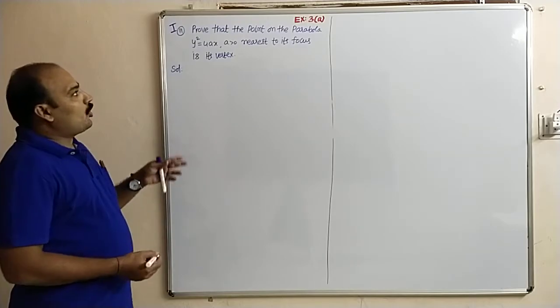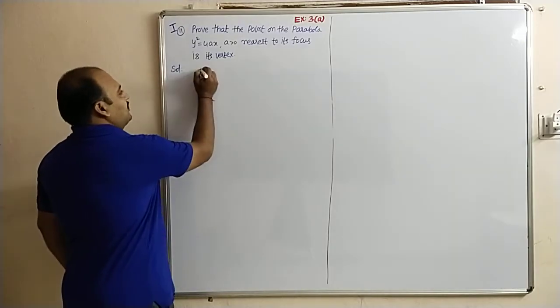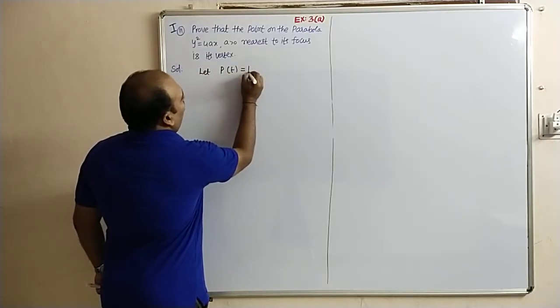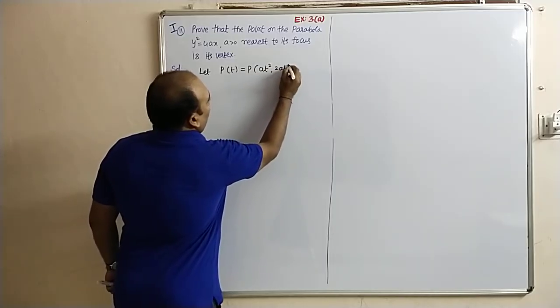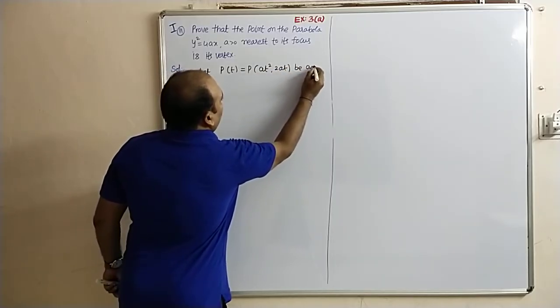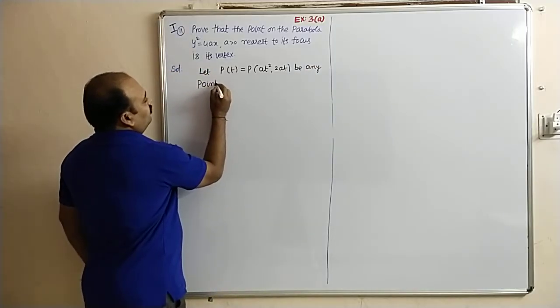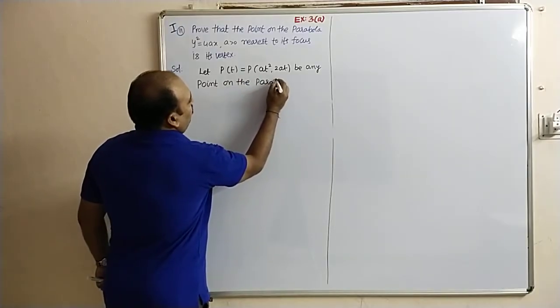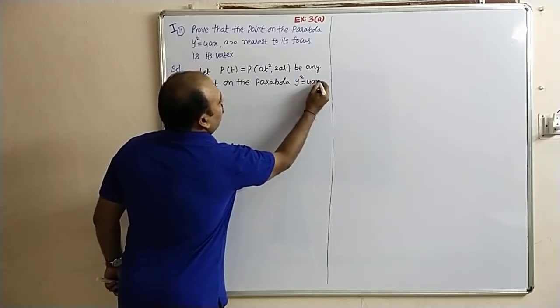So here let a point on the parabola, I am assuming that parametric point, let P(t) equal to P(at square, 2at) be any point on the parabola y square equal to 4ax.